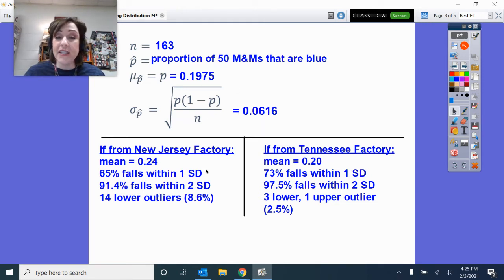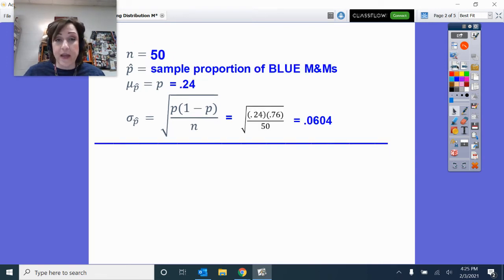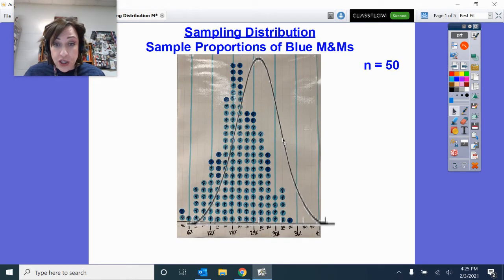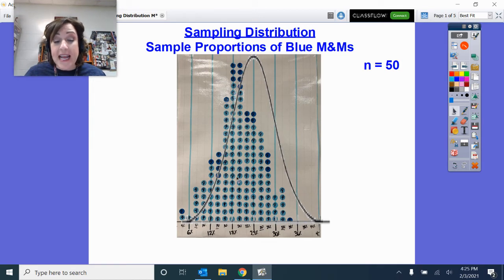Now, look at these two different sets of data here. On the left, if our M&Ms came from the New Jersey factory and I centered it at 24%, then I'm going to tell you how many outliers I would have had. Now, you remember outliers are the ones outside of 2 standard deviations. So here is the 2 standard deviations line.